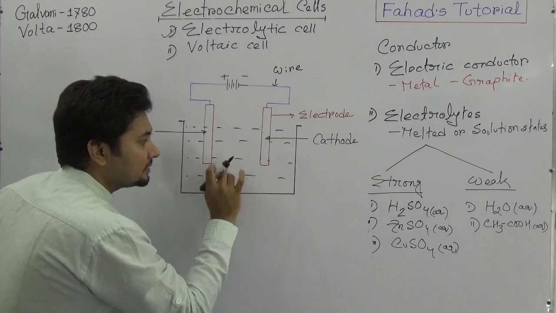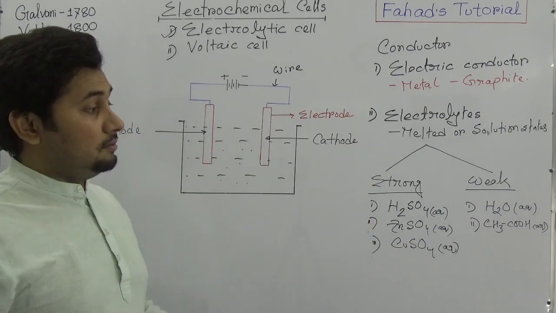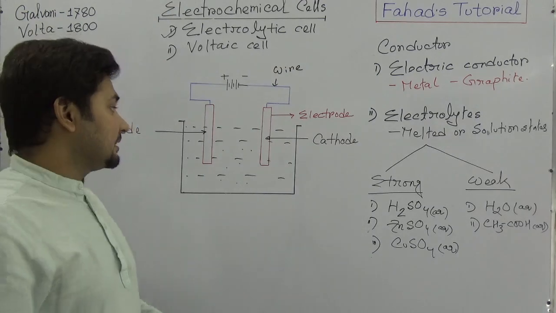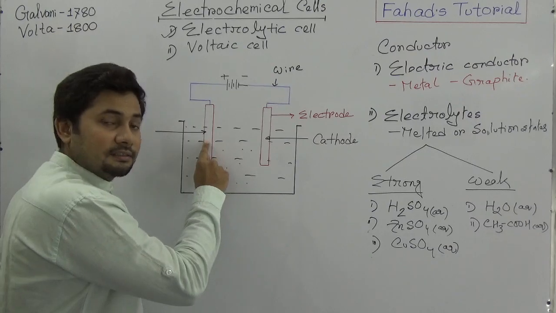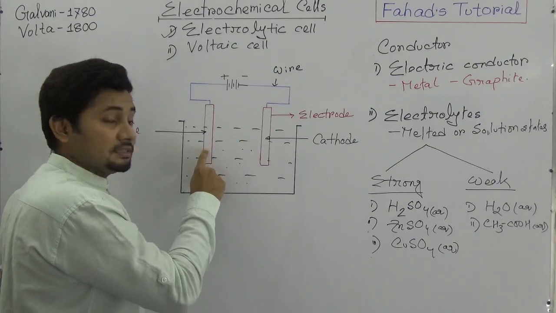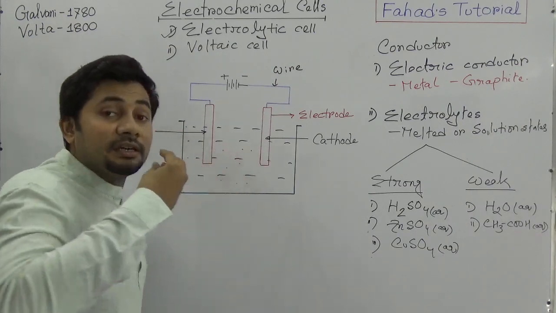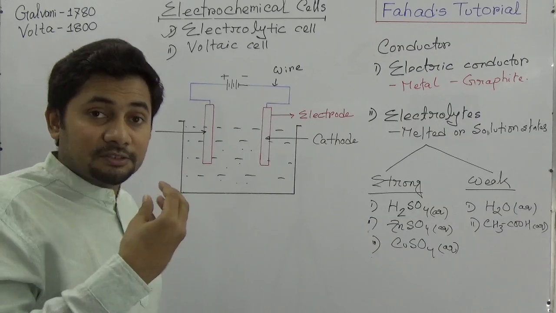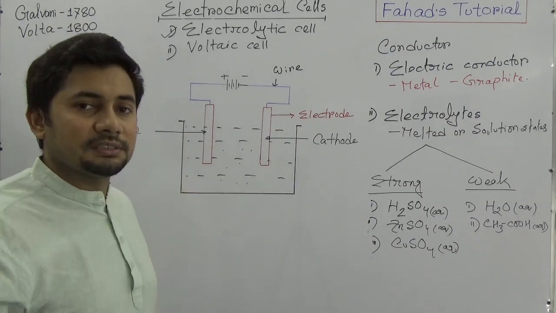And these solutions are strong or weak electrolytes, or you can say these are electrolytic solutions. So this is an electric conductor, this is also an electric conductor, both are electric conductors, but this is actually not an electrolyte, because electrolytes allow electricity to pass through when they are melted or in solution state.